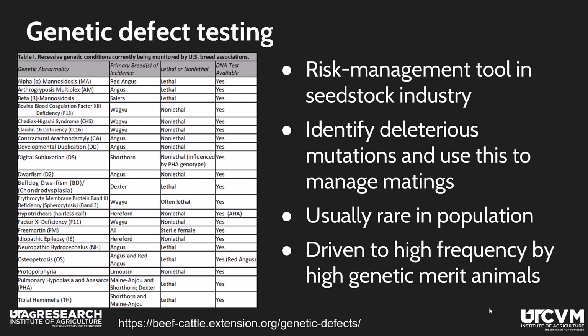The important thing to keep in mind is that these tend to be pretty rare in the populations. But as we think about seed stock populations and we think about line breeding when it works and inbreeding when it doesn't, the more we try and stack together favorable genetics, if they're related to each other through shared descent, we call this identity by descent, if they've got the same mutation because they trace back multiple times in the pedigree, and we cross them to another animal who has multiple pedigree connections, as we increase those number of genetic connections as we look back into that animal's genealogy, the likelihood that we're going to match up these unfavorable mutations increases substantially.